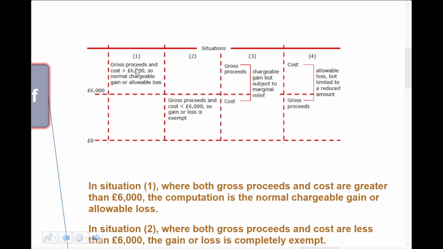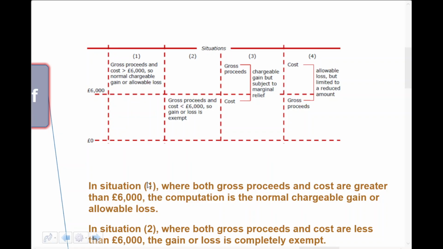What did it cost you? Well, it cost me 7,000. Just do a normal calculation. Remember from part 1, a 3-liner, proceeds less cost equals gain. So this situation 1 is straightforward. There's nothing to that. You'd be thinking, well, maybe this isn't as bad as I thought.